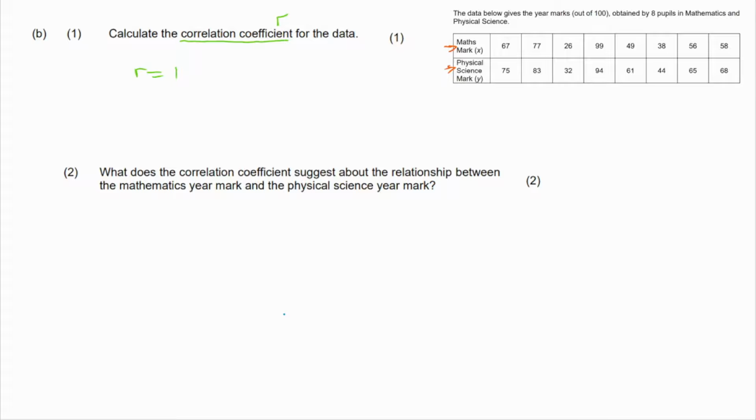For this one we can just say it's a very strong positive correlation. You get 2 marks: a mark for saying that it's strong, and a mark for saying that it's positive. Don't mess that up, because here you can see this is positive and very close to 1, so it's a strong positive correlation.